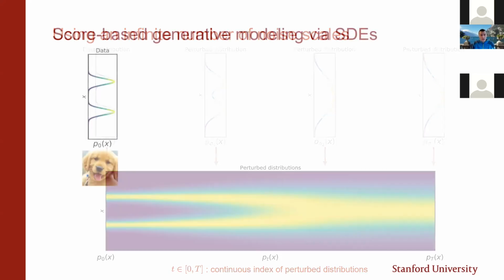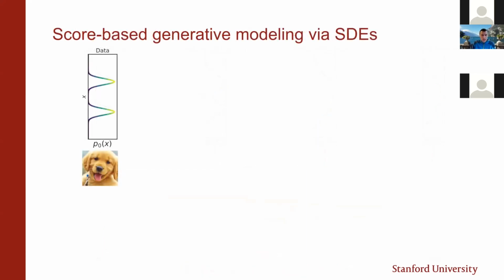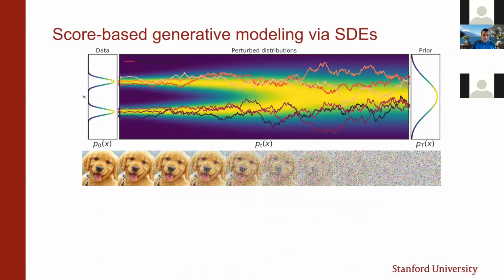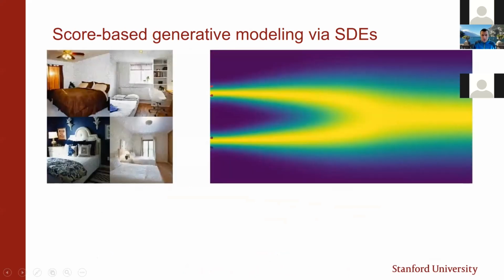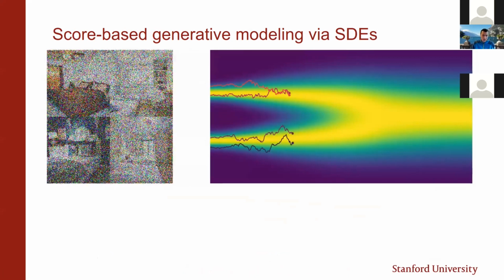This is what it looks like for an image. You start with a sample, let's say an image, and then you increasingly add noise and completely destroy the structure. You can think about the procedure of adding noise as a procedure to sample from this sequence of distributions.